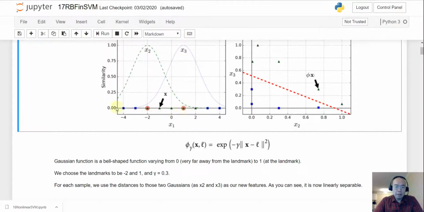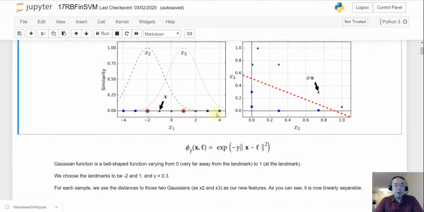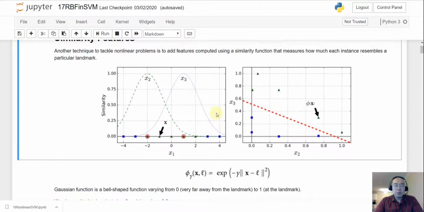We have, well, probably nine samples here. So the real way to do the Gaussian kernel is to draw the Gaussian curves on all the samples, and that's a lot.